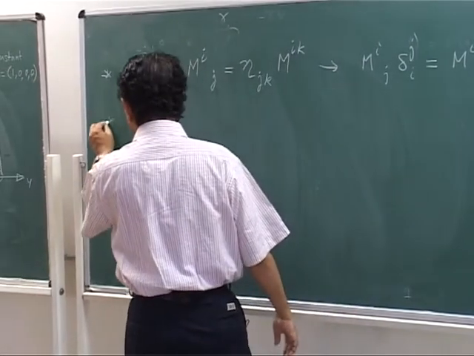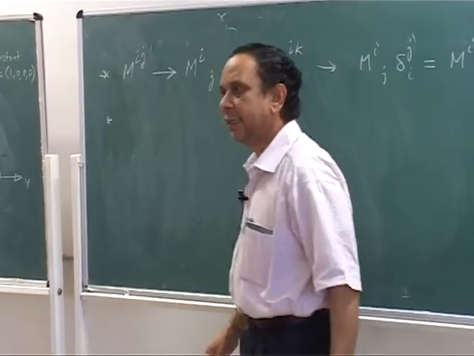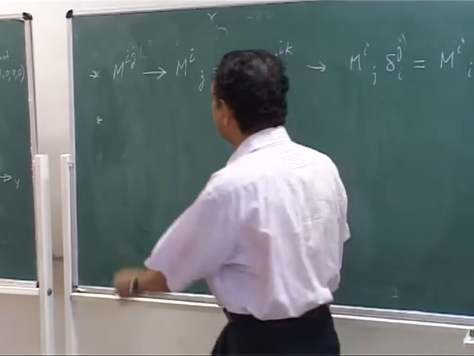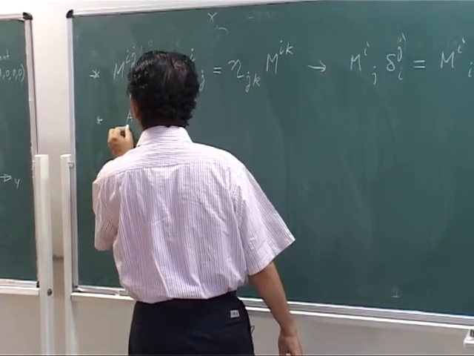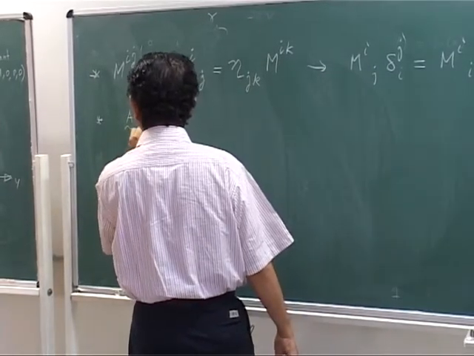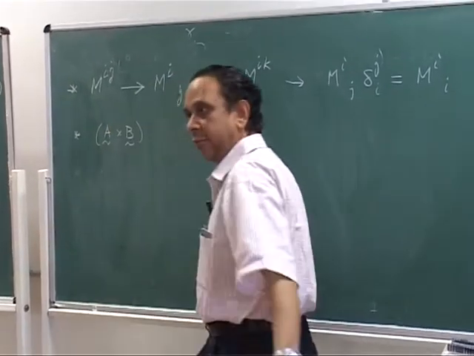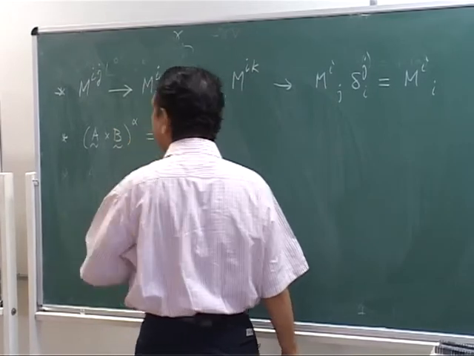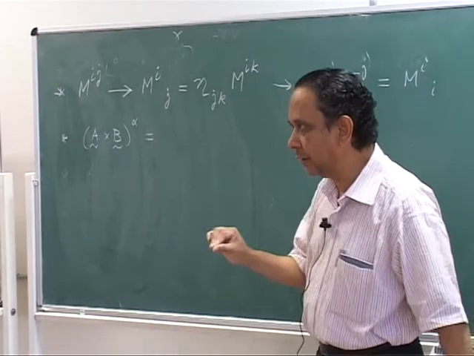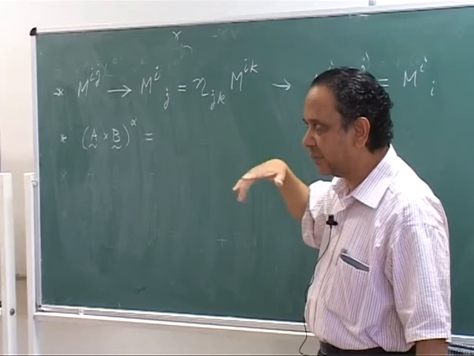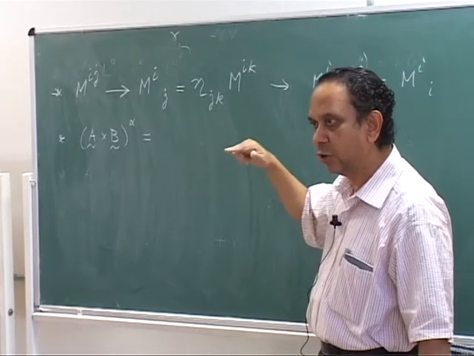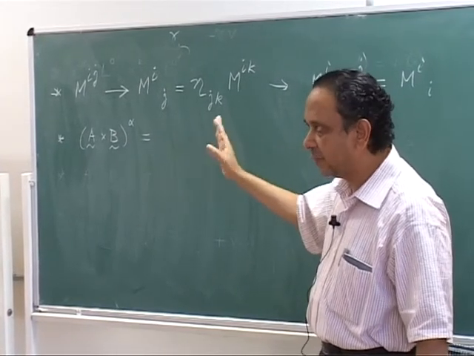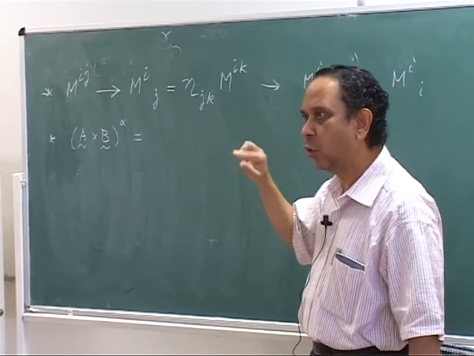The nice way to motivate that in 3D is to look at the cross product. So, you take two vectors A and B and you define A cross B. Let us look at the alpha component of this. Hereafter, I will try to be consistent and use English letters A, B, C, D, I, J, K, L for 0, 1, 2, 3 and Greek letters alpha, beta, gamma, etc. for just 1, 2, 3.